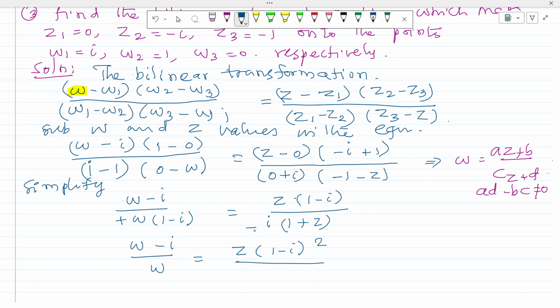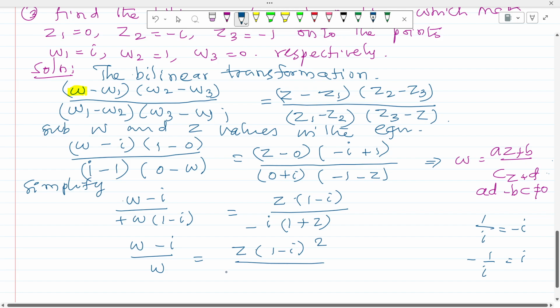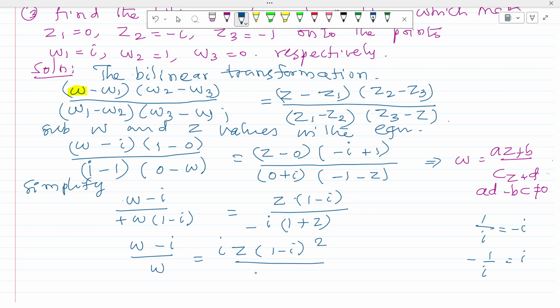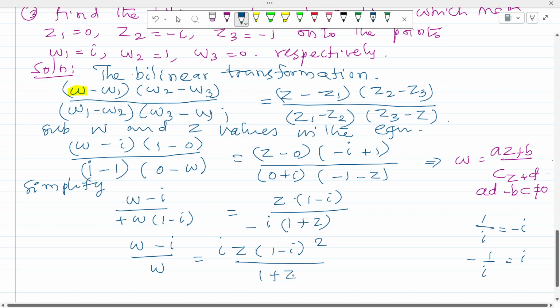Divided by minus I. 1 by I can be written as minus I. Yeah. Minus 1 by I can be written as plus I. So I can write that I here. Denominator is what? 1 plus Z.